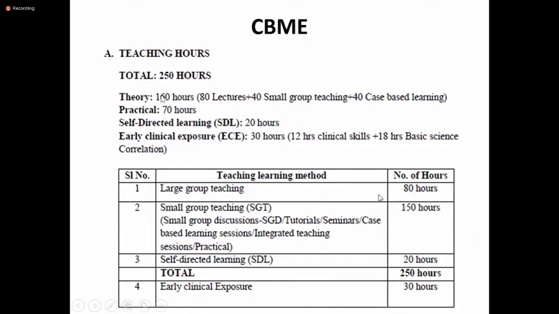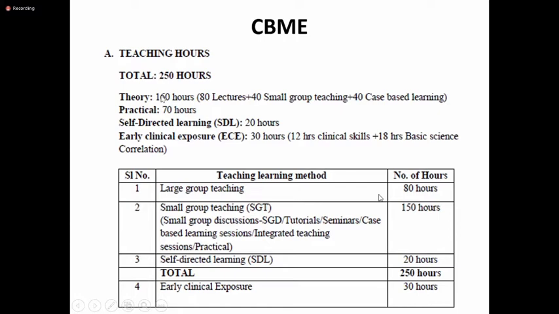Theory is 160 hours. Theory includes lectures, small group discussions, and case-based learning. The biochemistry department has all the infrastructure required for all of these types of teaching learning activities. Small group teaching means a small group of 20 to 25 will be there, whereas in a lecture all 150 students will be delivered a lecture in the lecture theater.